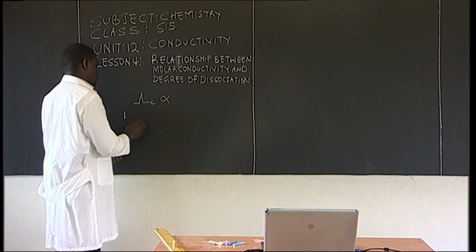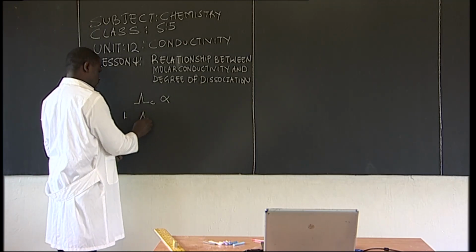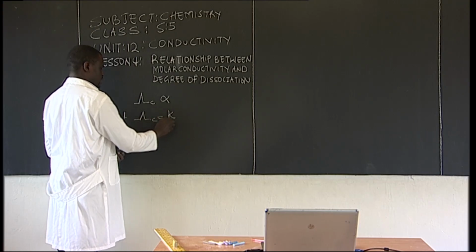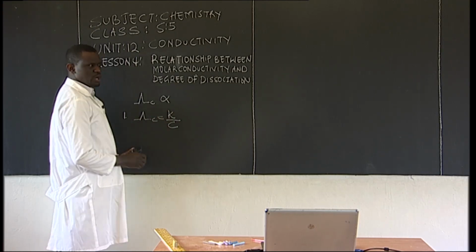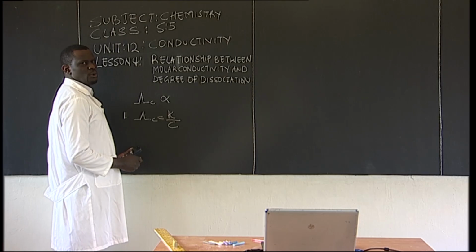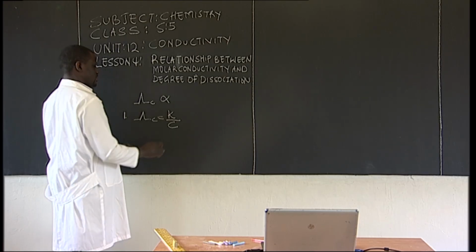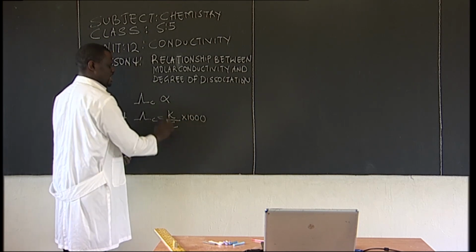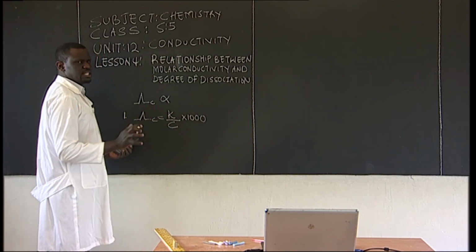Here they are telling us to calculate the molar conductivity, and we know that molar conductivity is equal to conductivity over C. We look at our units. Our units are in centimeters, so we multiply times 1,000, then you calculate without changing units.